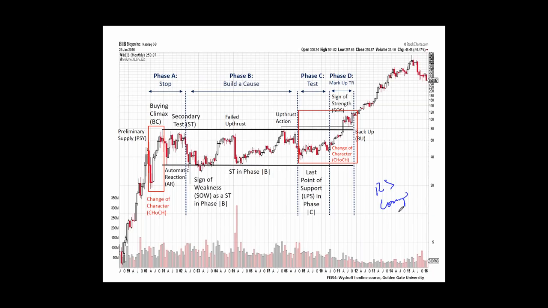Then in May we're probably going to touch upon how we can calculate the potential of the cause that was created in this trading range to project what kind of effect we're going to have. And we'll talk about the point and figure counts and how Wyckoff did the horizontal counts and how they're different from more conventional technical analysis counts.